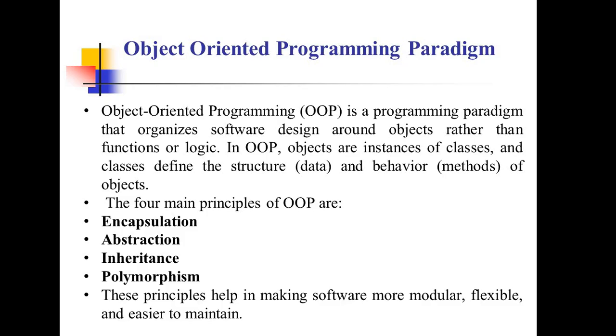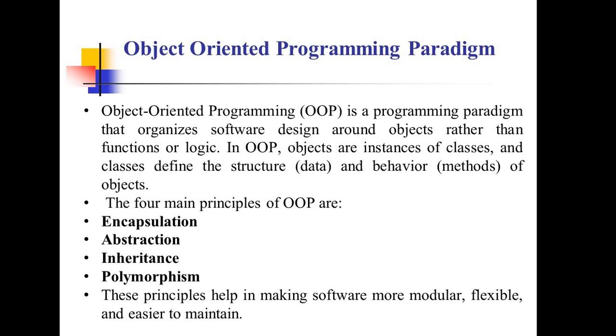Next is the object oriented programming paradigm. Object oriented programming is a programming paradigm that organizes the software design around the objects rather than the function or logic. Here objects are the instance of the class. Objects have the attribute or state and method which has the behavior.